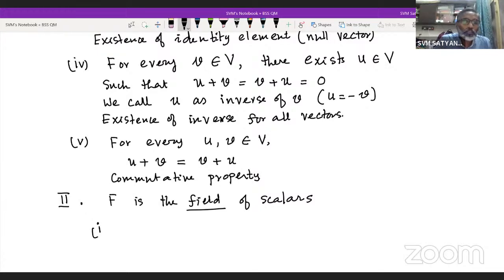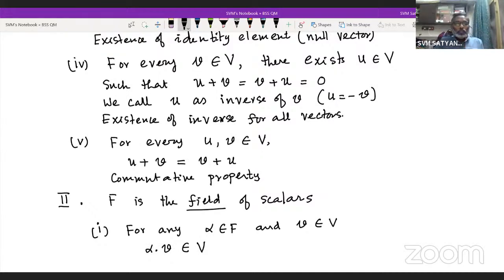The first thing is, for any alpha in F and v in V, alpha times v has to be in V. This is closure under scalar multiplication.